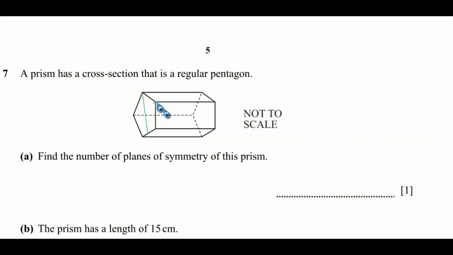So you can have another one like this, that will be 2. Then you can have another one like this, that will be 3. You can have another one like this, that will be 4. You can have another one like this, that will be 5. Okay, and you can have another one like this. So that will be 6. So you can have another one like this.